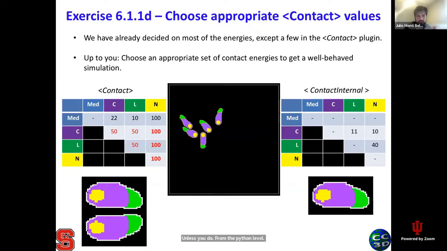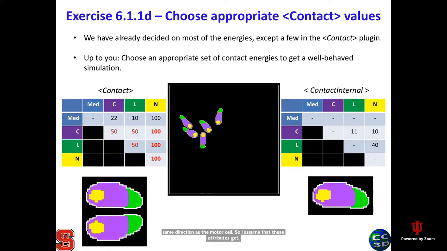Jupiter, you have a question? Yeah. I noticed that when the clusters are dividing, because the model that we worked on here is set to random directionality and following some path, the daughter cells have the same direction as the mother cell, so I assume that these attributes get passed on. Oh, now that I'm talking out loud, I think we already had that in steppables, right?